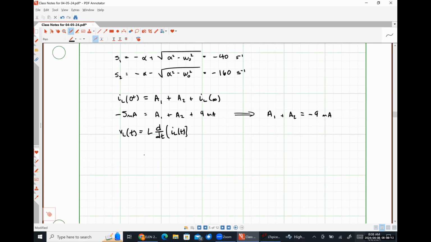So all I'm going to do here is put an L out front, and then look at my table, and where it says dy/dt, I'm just going to put that in because I already did the derivative for you. So the derivative of an overdamped response looks like S1 A1 e to the S1t plus S2 A2 e to the S2t.